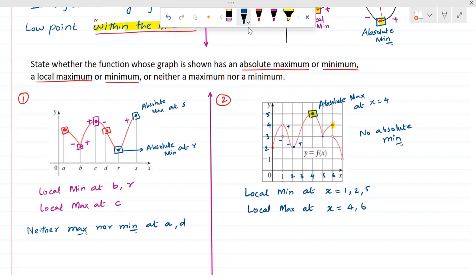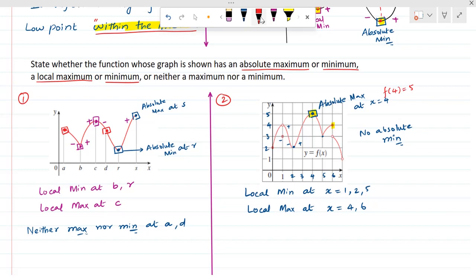So this is the graph which is given. We have to find the local maximum and minimum. If it is asking for the points, you have to write them using the function. So f of 4 equals 5.